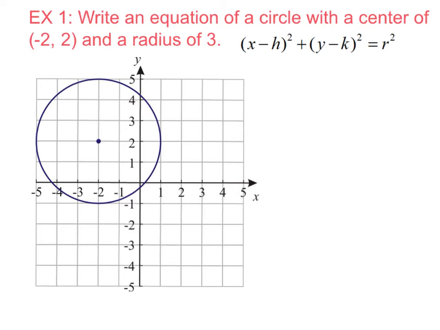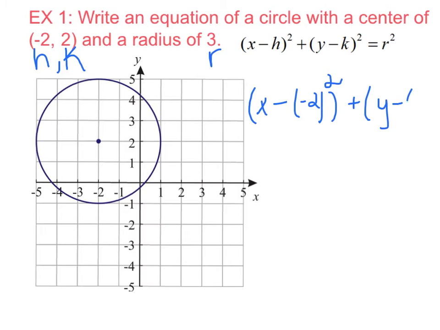Example 1. Write an equation of a circle with a center of -2, 2 and a radius of 3. -2 represents the h, 2 represents the k, and 3 represents the r in the standard form of a circle. So substitute everything in. x minus -2 squared plus y minus 2 squared equal to 3 squared.